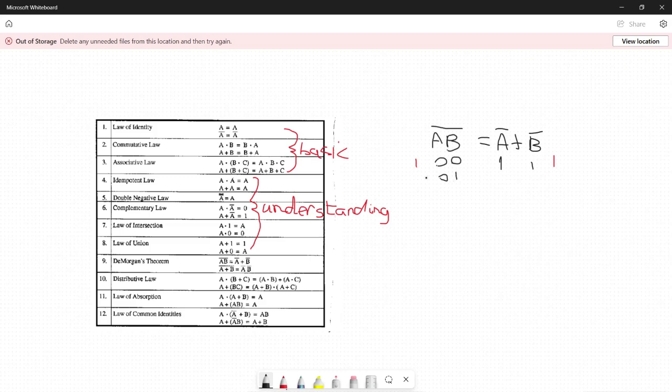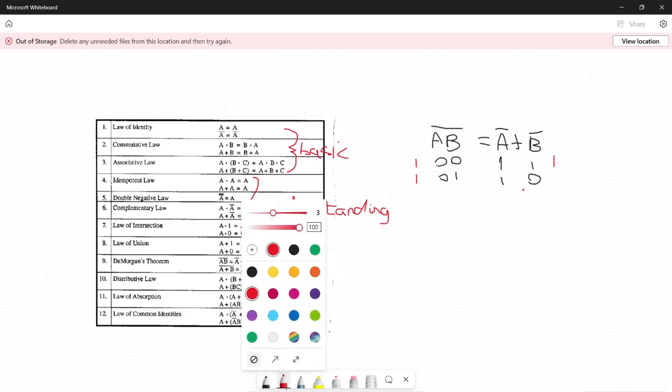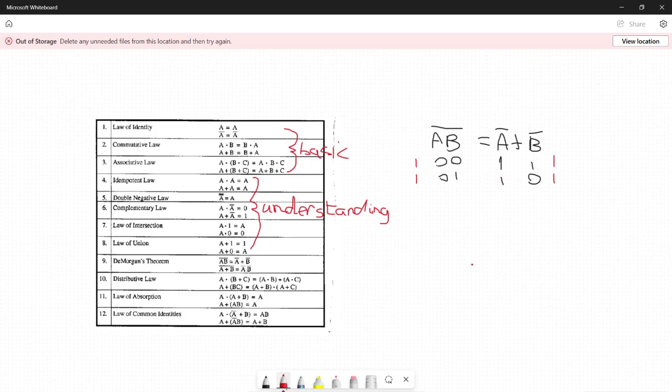But if I swap this 1 around and I make B 0, it's going to give us the same answer. 0 times 1 is 0, which will give us an output of 1. And then if A is 1, B is 0, that'll give us an output of 1, because 1 plus 0 is 1. And then finally, when we get 1 and 1, well, that's going to give us 1. We're going to invert that, get 0. And then we're going to get 0 and 0, because we're inverting them. And we're going to get 0.